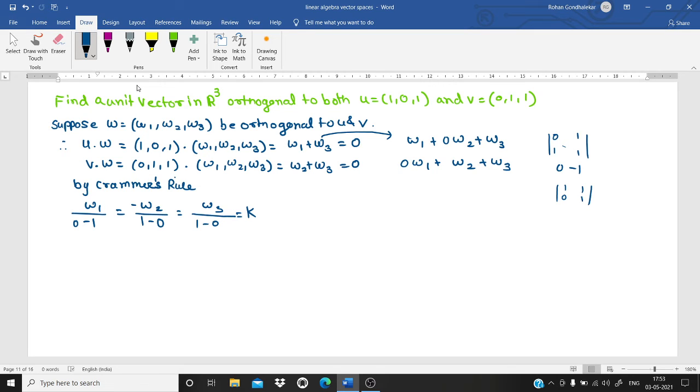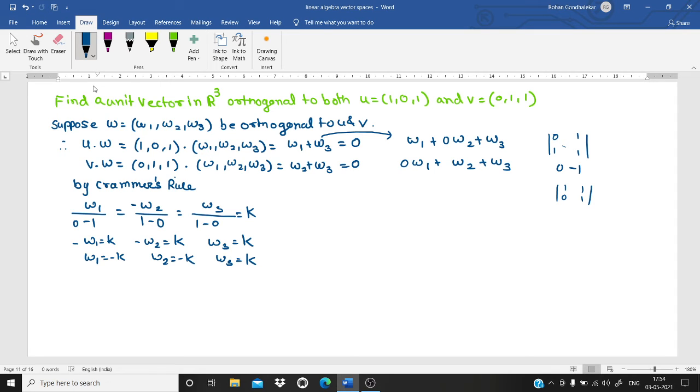From this, w1 upon minus 1, which is minus w1, is equal to k. From the next, minus w2 upon 1, that is minus w2, is equal to k, and from this we get w3 is equal to k. That is, w1 is minus k, w2 is also minus k, and w3 is equal to k.